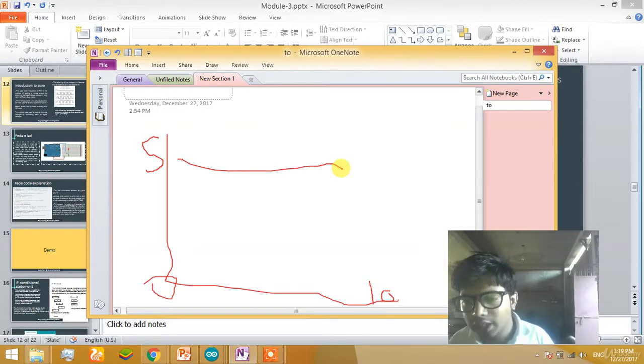These are known as the duty cycles. For example, from here to here you have 2 duty cycles. If you have set it from here to here, it is a 100% duty cycle.